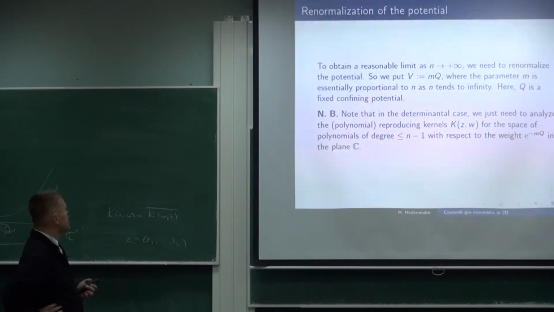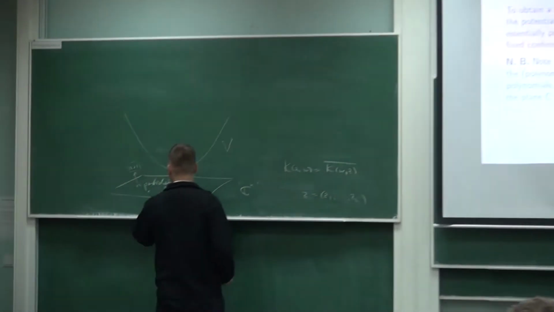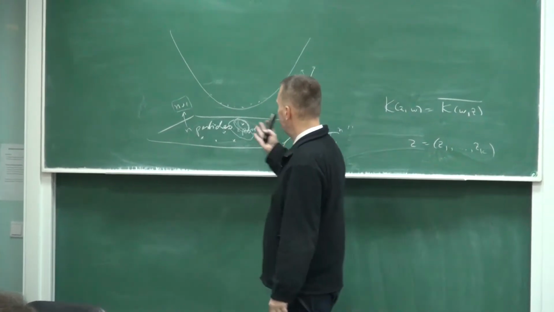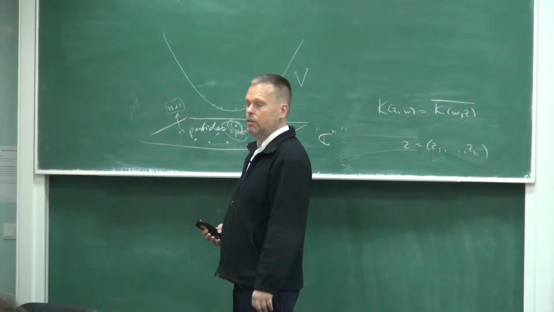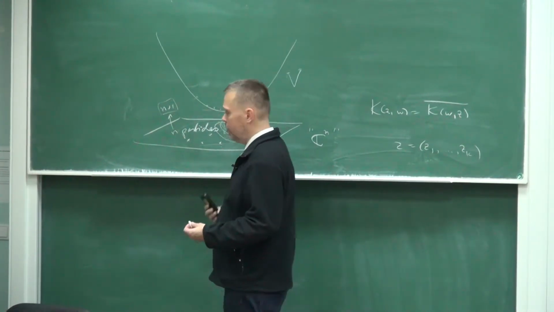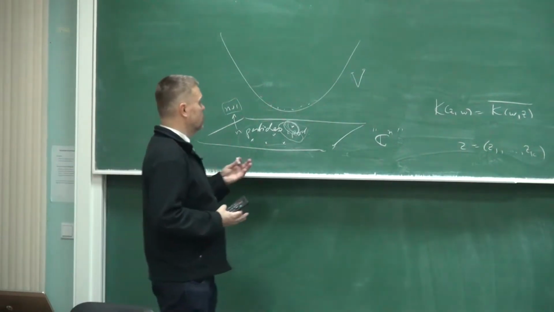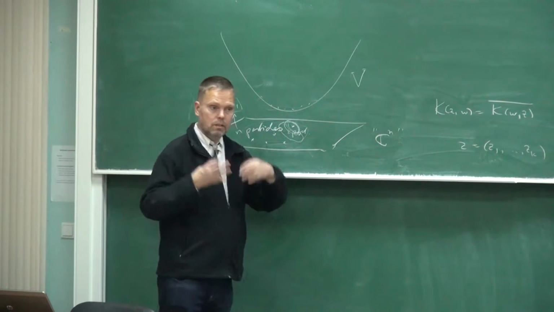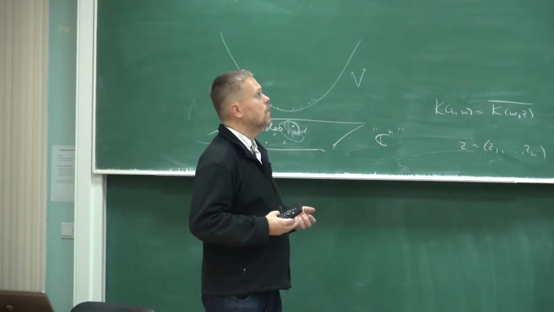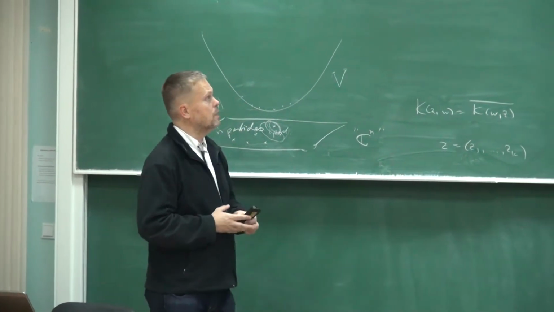Next, we want to study where the particles are localized, where the particles are in the plane, given that n is very big. To be able to say something reasonable about this, it's natural to strengthen the potential by a factor as you let the number of particles go to infinity.